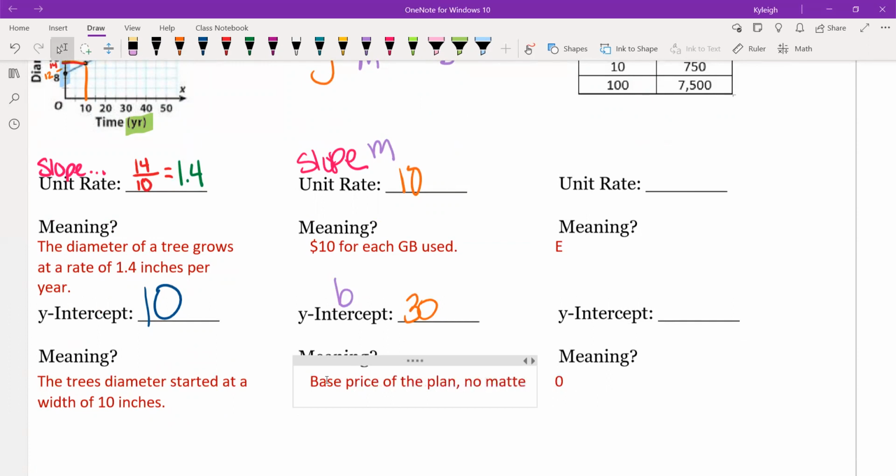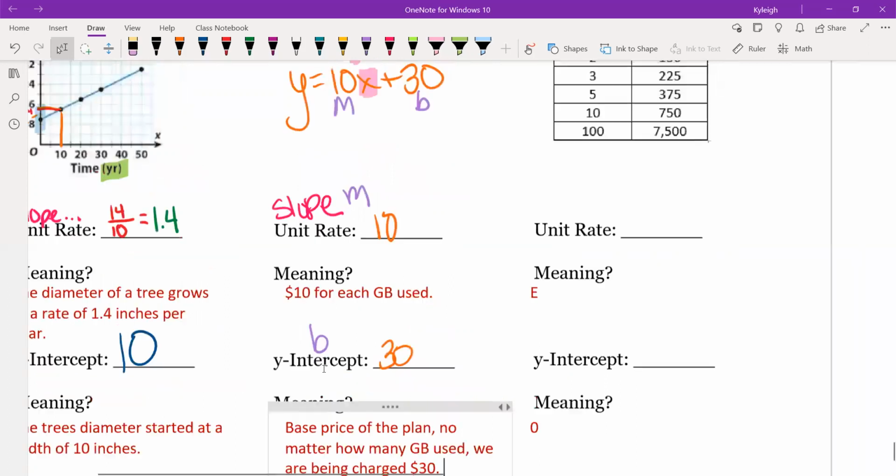No matter how many gigabytes used, we are being charged $30. So if I use 0 gigabytes that month, say I'm out in the wild and I'm not using any gigabytes, right? You're still being charged $30 just to have that phone plan.